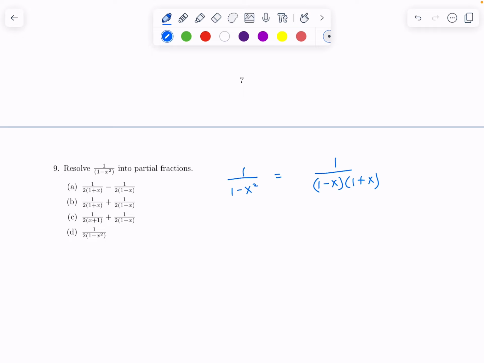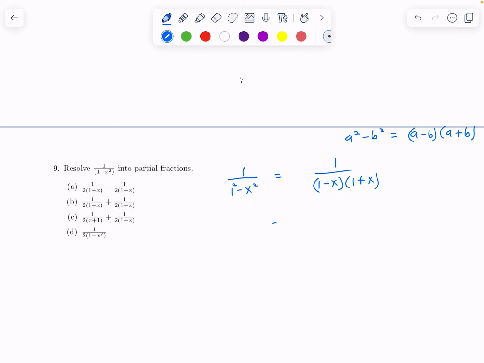The difference of squares says that a squared minus b squared is equal to a minus b times a plus b. So because I can write this 1 as 1 squared, 1 squared minus x squared, it's going to be 1 minus x times 1 plus x.